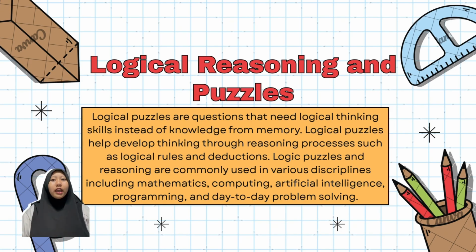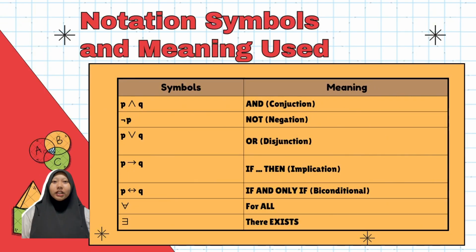Logical puzzles and reasoning are commonly used in various disciplines, including mathematics, computing, artificial intelligence, programming, and day-to-day problem solving. There are 7 notation symbols and their meanings. First, we have conjunction and negation.